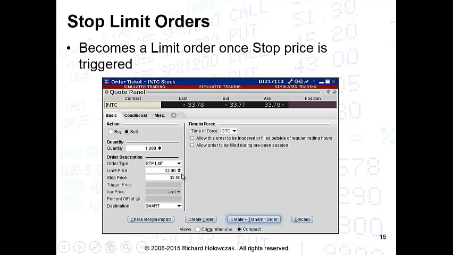When the bid price in the market hits $32 or lower, then a limit sell order at $32 will be submitted. Now, here's the dilemma with stop limit orders. It is possible, again with a fast-moving market, that our trigger price is met on the bid side, but then the market continues to go down.